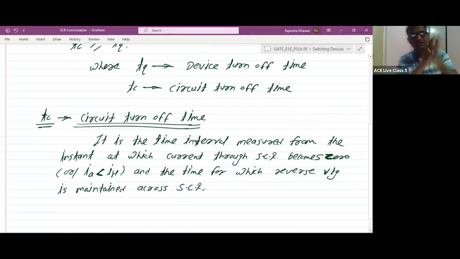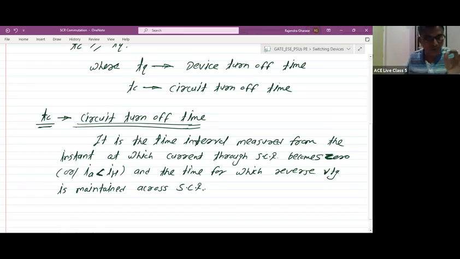Circuit turn off time means: from the instant at which the current flowing through the thyristor becomes zero, we need to measure the time for which the reverse voltage is maintained across the SCR. That is nothing but the TC.